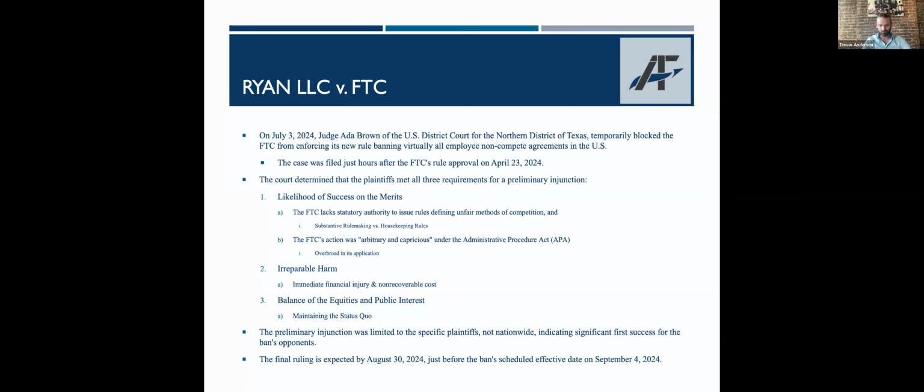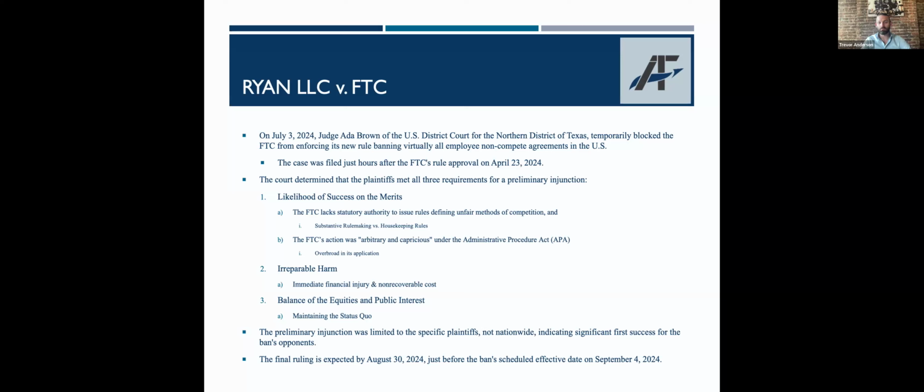All right, so on the first one, likelihood of success, the court actually made this very thoughtful and I would say very well-researched opinion, about 33 pages, where they really dove into this. And their conclusion is that the FTC lacks statutory authority to issue rules defining unfair methods of competition.